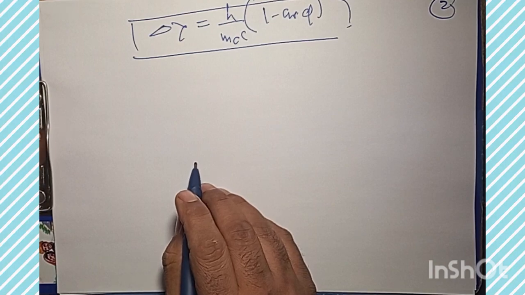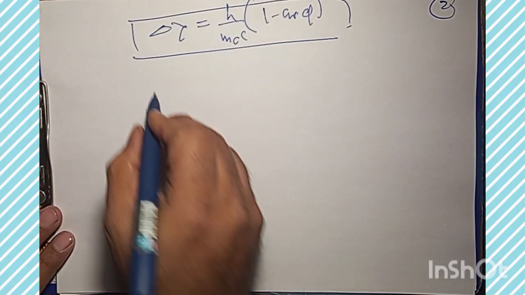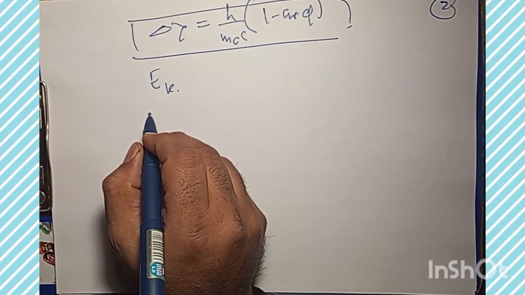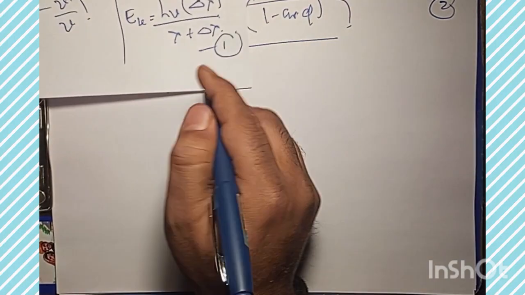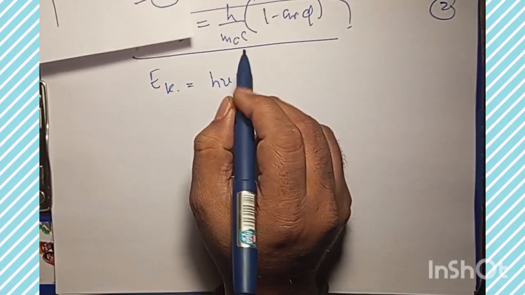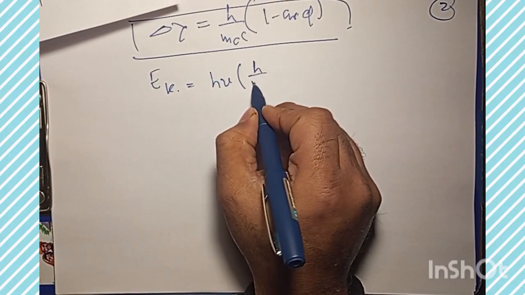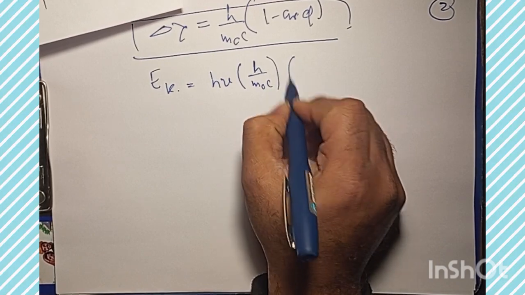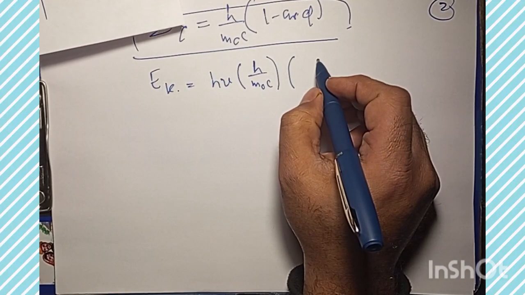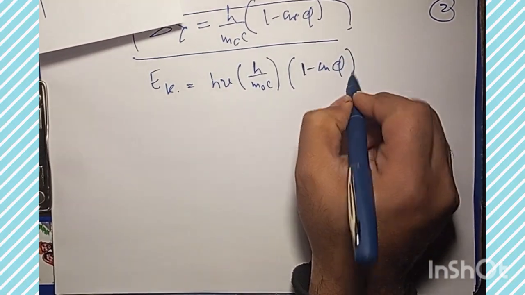Now I can use this in my original equation for delta lambda. If I do that, Ek must be equal to h nu times, for delta lambda, h by m naught c times 1 minus cos phi.